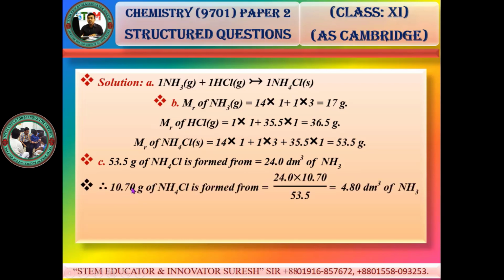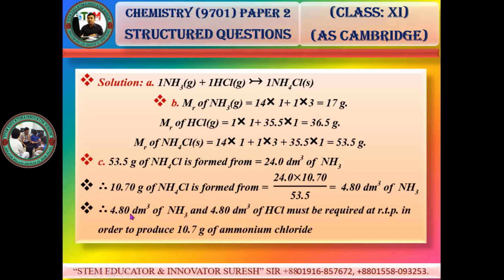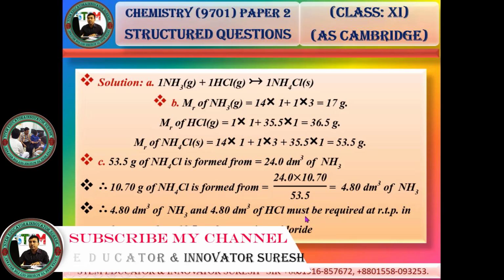Therefore, by the unitary method we can say 10.70 gram of ammonium chloride will be formed from 24.0 multiplied by 10.70 divided by 53.5, and after doing the calculation we will get 4.80 dm cube of ammonia. Therefore, we can say 4.80 dm cube of ammonia and 4.80 dm cube of hydrogen chloride gas must be required at RTP in order to produce 10.7 gram of ammonium chloride.